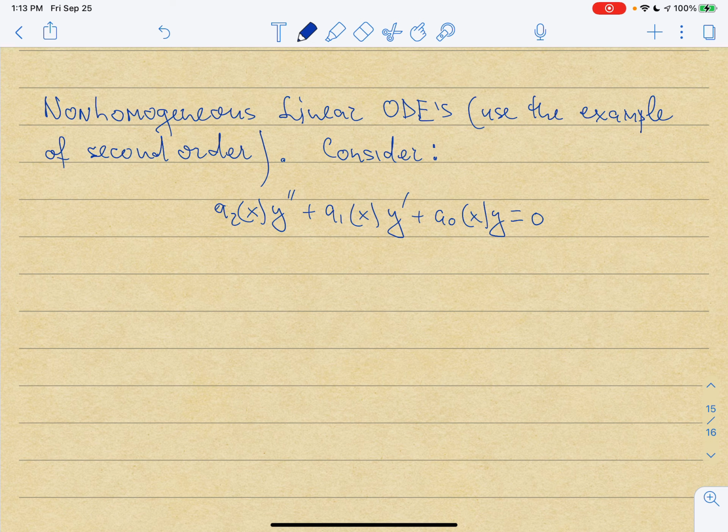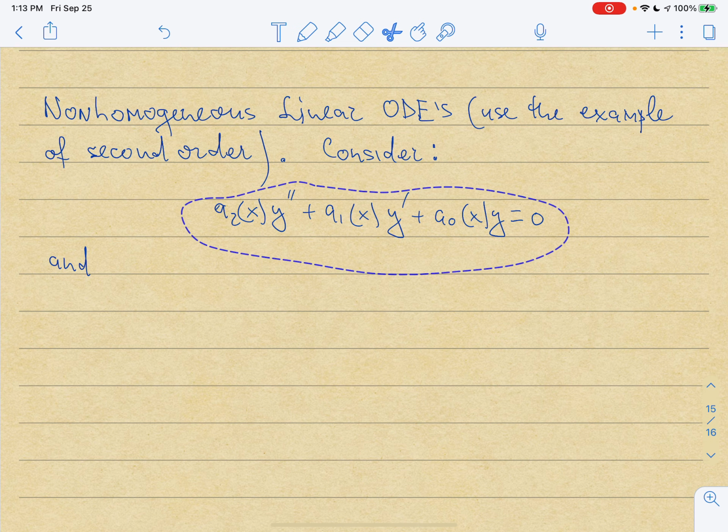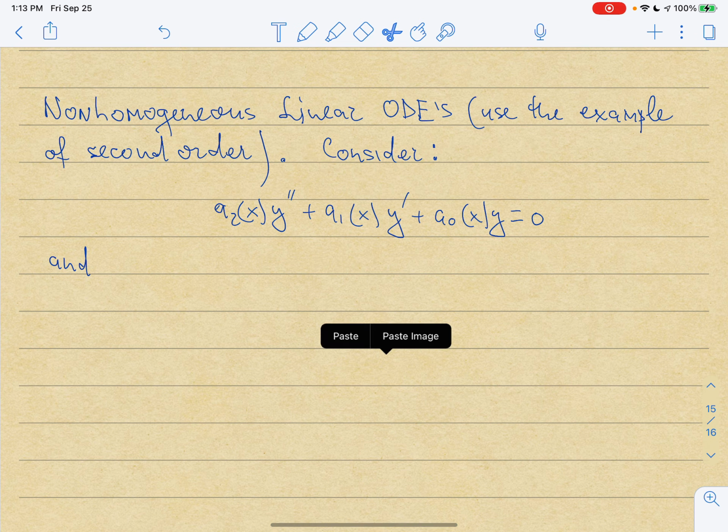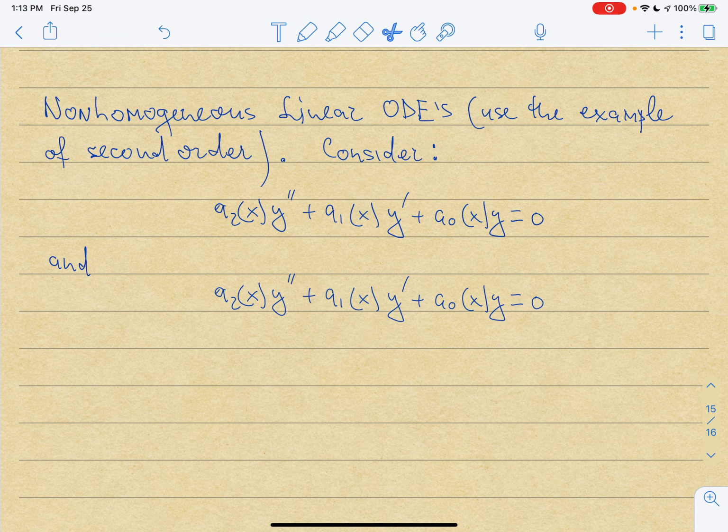And also a corresponding non-homogeneous equation, which will look exactly the same, except that on the right, I'm going to put the function f of x. Let's label this equation as 1, and this equation as 2.